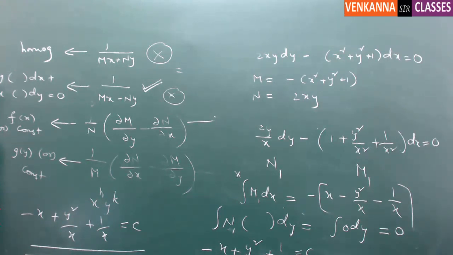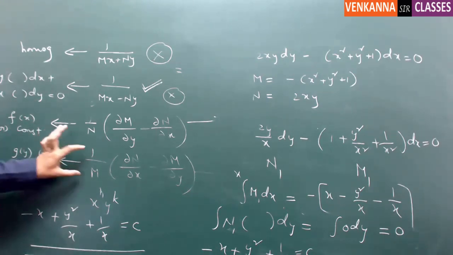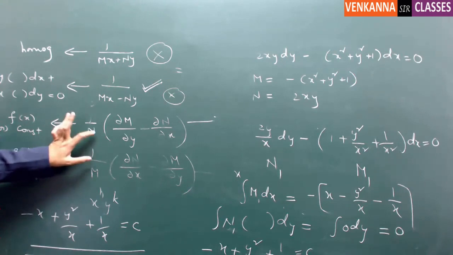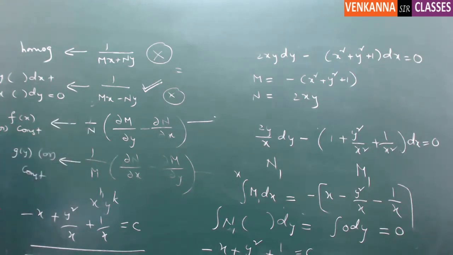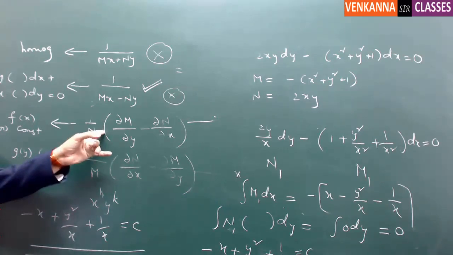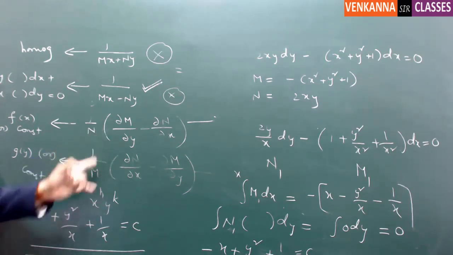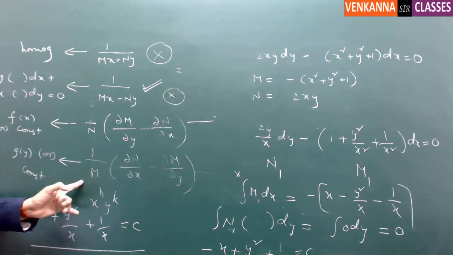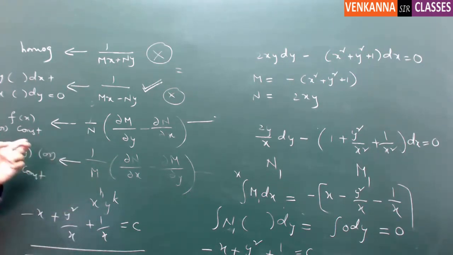Clear to all? Now tell me, is it necessary for you to take a problem on this next method, 1 by M into something? The same phenomena is applicable as earlier. So if this case is not satisfied, you go with 1 by M into, the output should be just a function of y.